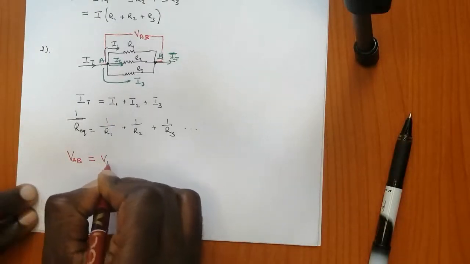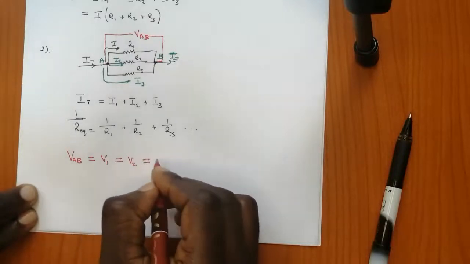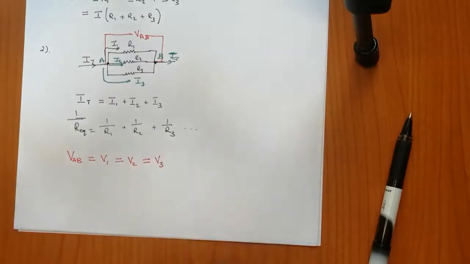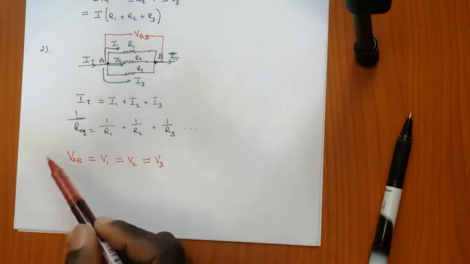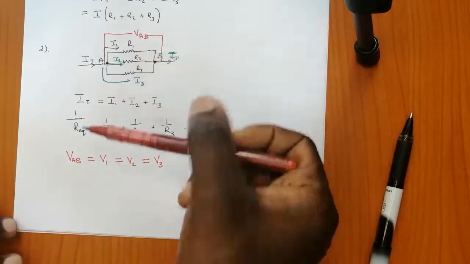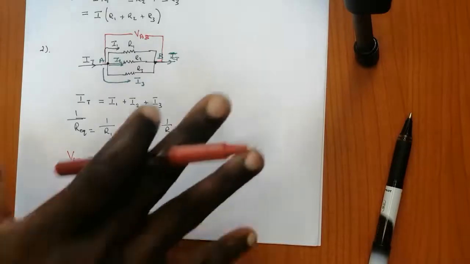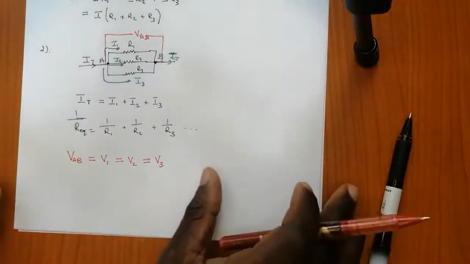So that's going to be V1 equals V2, which equals V3. So the potential drop due to each resistor will be the same. So let us think about this for a second, just to digest what we've just said.